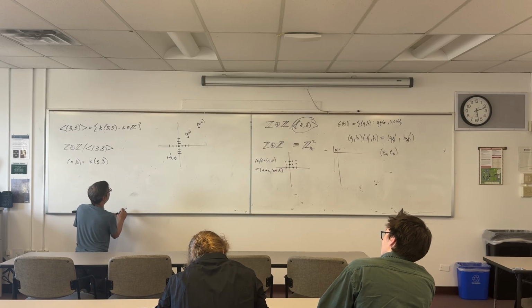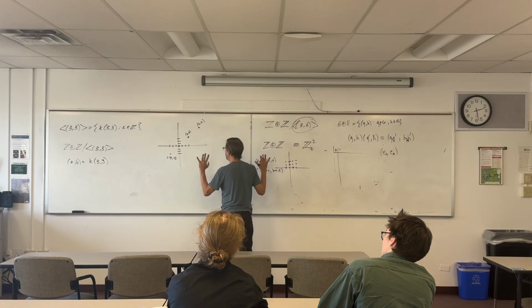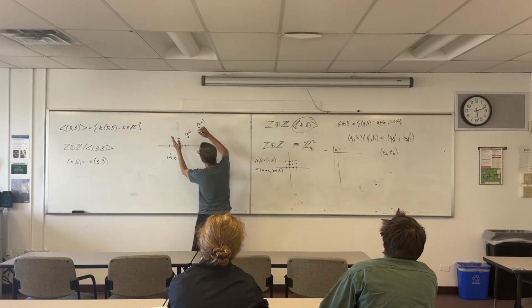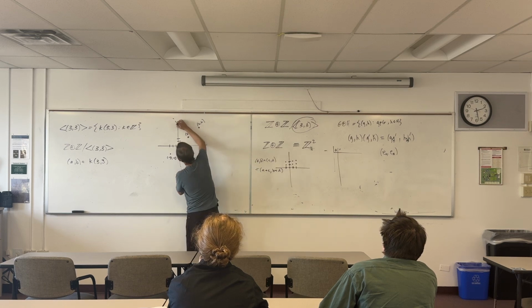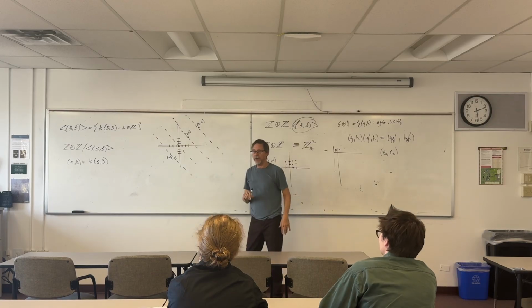So now, what is happening here? Here's how I at least wrapped my brain around it: this strip here is the same as this strip here, is the same as this strip here.